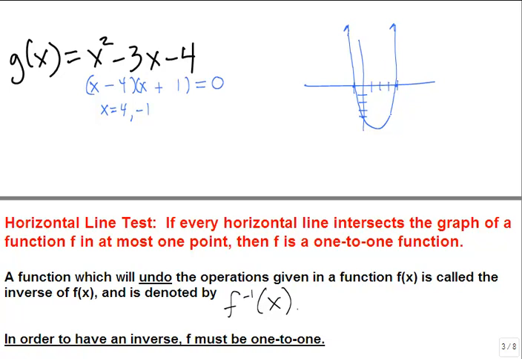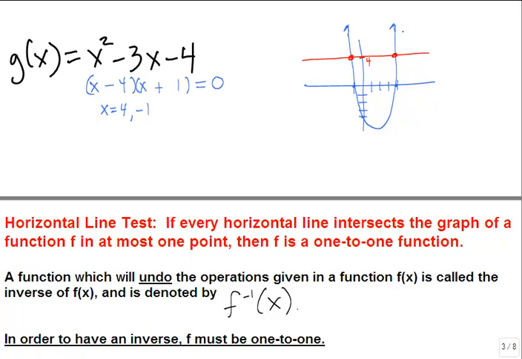But the question is, is it one-to-one? And to answer that, you have to think about, does it use unique y's? So I want you to visualize this horizontal line going across. What is true about these 2 points that intersect on that horizontal line? Say that this horizontal line is at a height of 4, and I'm just making up a number here.